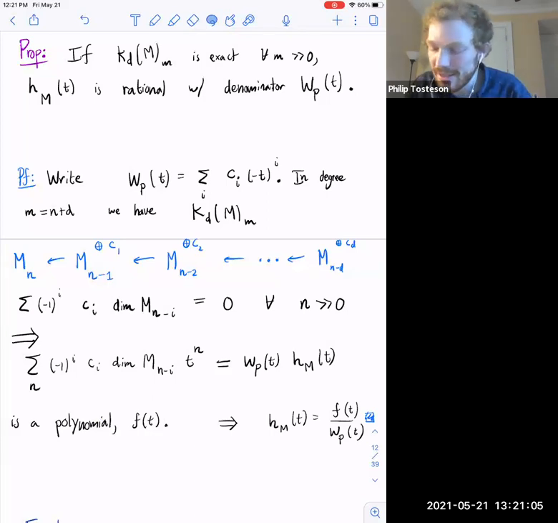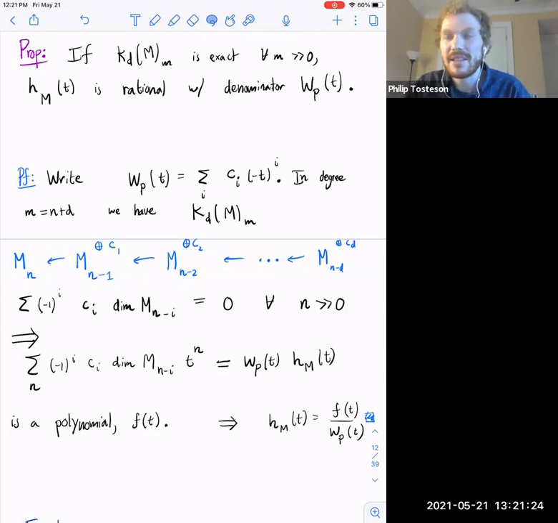Then you can just divide by WP of t to get that you have a rational function.